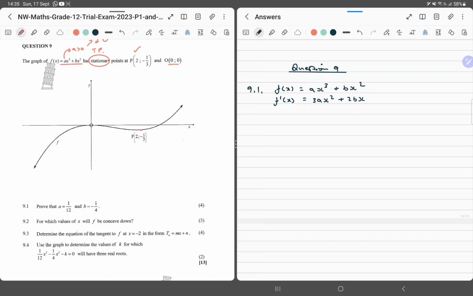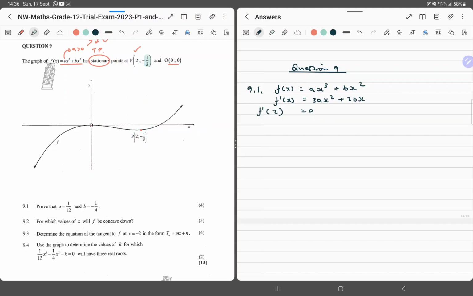So we need that, first of all. Now, second of all, we know that if we use any one of the stationary points, the gradient is 0. So we know for a fact that f prime of 2, for example, is equal to 0. Don't worry, this coordinate is the y coordinate on the actual graph. But we know that when we substitute the x value at the turning point, it gives us the gradient of 0.